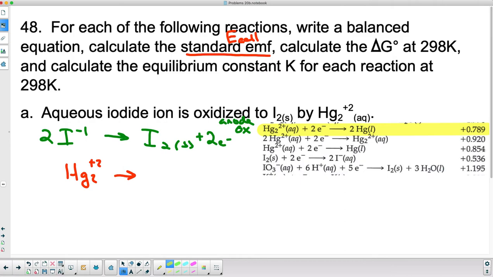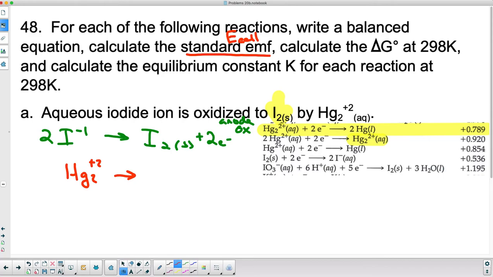All the rest of them, oh no, this one does too. Okay, which one is going to be the oxidation? I'm going to assume that because you see there is an Hg +2 right there, that one would be an oxidation, and my top one is going to be Hg2 with a +2. This is my reduction, so I'm going to have to use the top one that I highlighted.